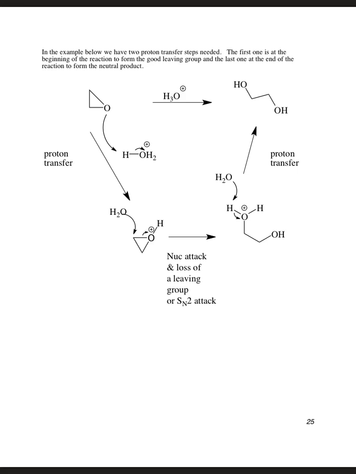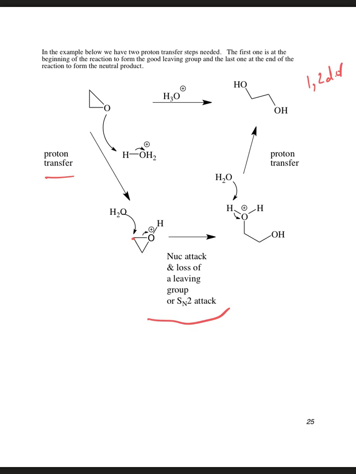Here we have an epoxide, and in the epoxide, if we were given going from the 3-membered ring to the 1,2-diol of our product, we see we have to break a bond to that initial oxygen. So we're going to have to proton transfer to make it a good leaving group. So we protonate the epoxide, and then the water nucleophile adds into the carbon with the leaving group on it, so it adds to one side of the epoxide, it doesn't matter which, kicks off the OH plus, so we have nucleophilic attack and the loss of a leaving group all going on in that SN2 attack.